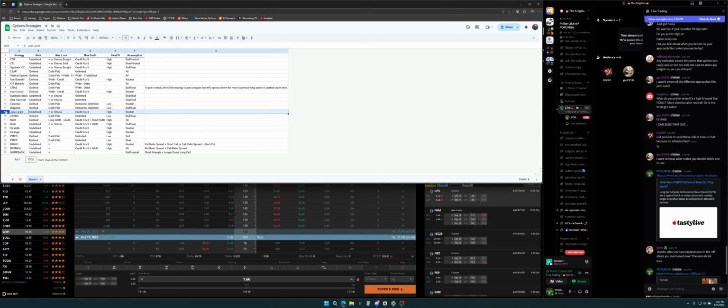If I do the jade lizard with a covered call, then my upside is capped and my downside is capped, because I'm hopefully rooting for a credit greater than the width of the credit spread. I will do strangles with covered shares because maybe I'm okay with buying more shares on the put side, and I'm happy with selling my shares on the call side.